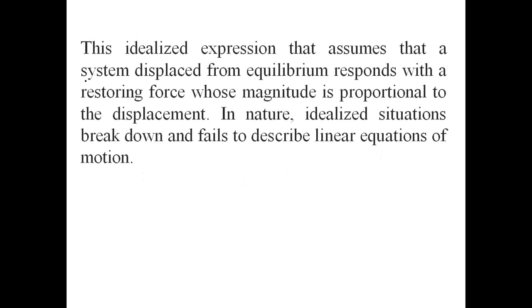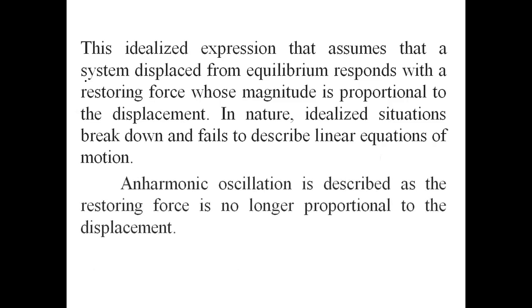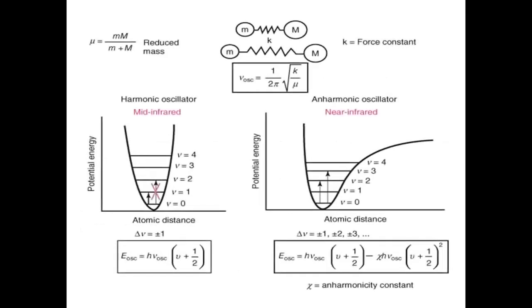So in this expression, the system displaces from the equilibrium position with a fixed point, and the force is directly proportional to the displacement. In nature, this situation breaks down and fails to describe the linear equation of motion. This is a simple diagram to understand harmonic and anharmonic oscillations.